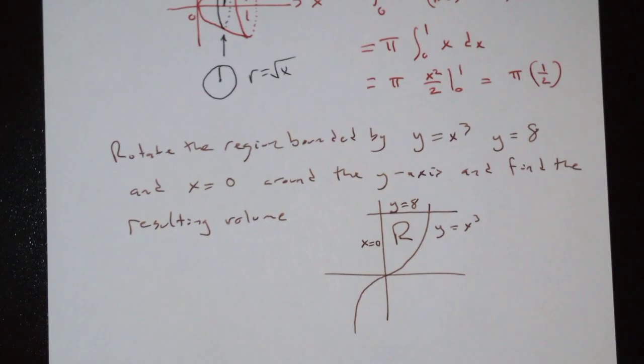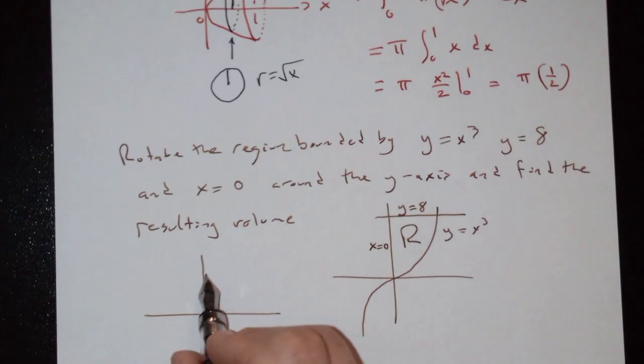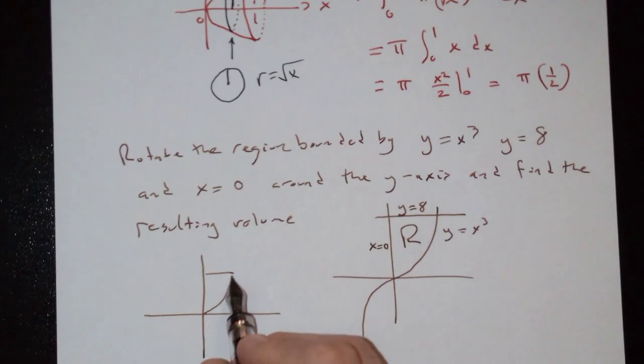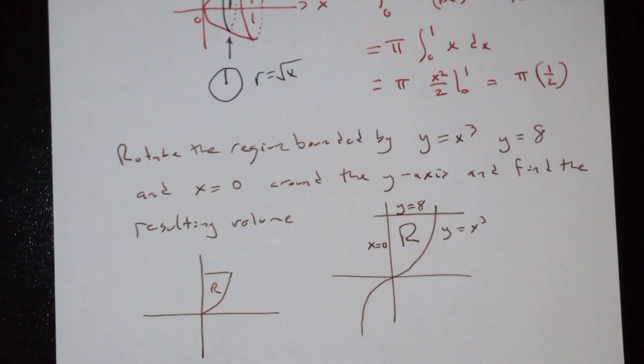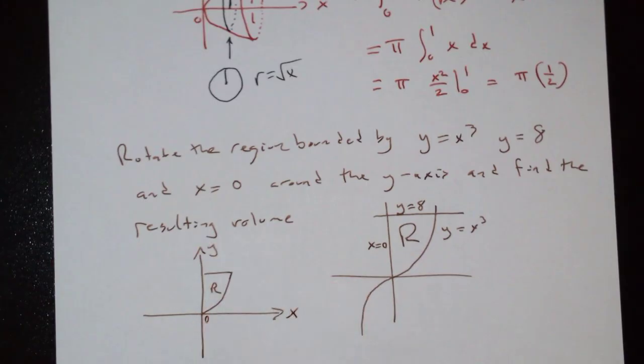So I'm going to redraw this without this little bit of tail down here. I'm just going to draw it right over here. And now I'm rotating this, but I'm rotating this around the y-axis, not around the x-axis.